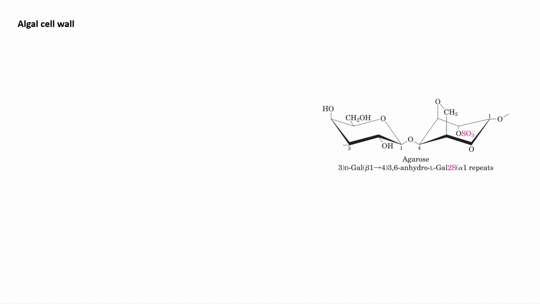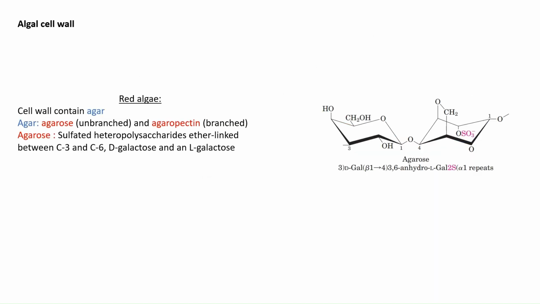Okay, so now comes the algal cell wall. Now in case of red algae, the cell wall contains agar. This agar is made up of agarose and agaropectin. If we talk about agarose, agarose is a sulfated heteropolysaccharide. It consists of alternating units of D-galactose and L-galactose. Here is the structure of agarose containing D-galactose and L-galactose.